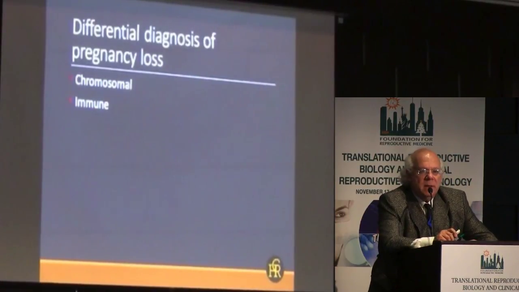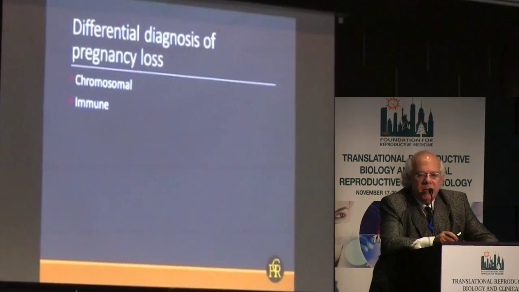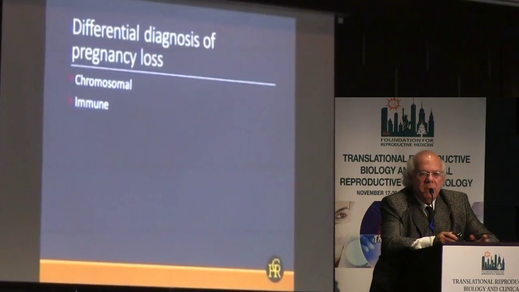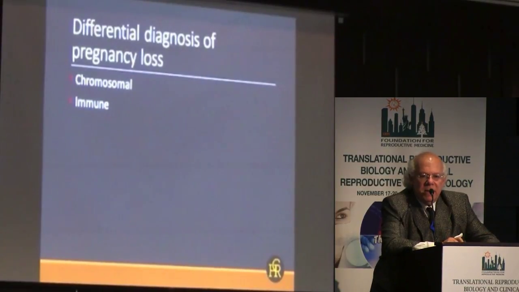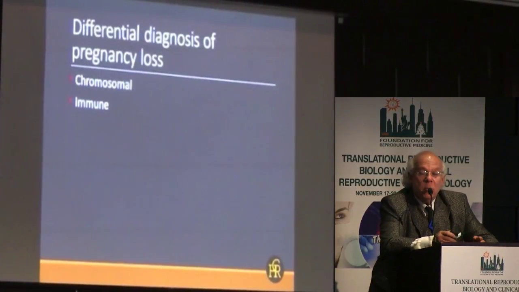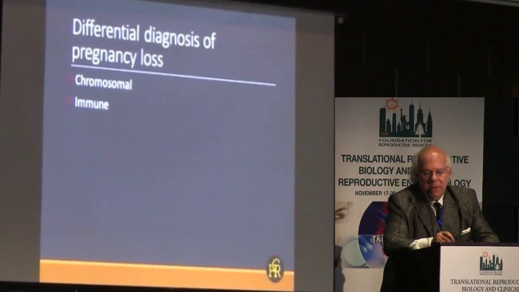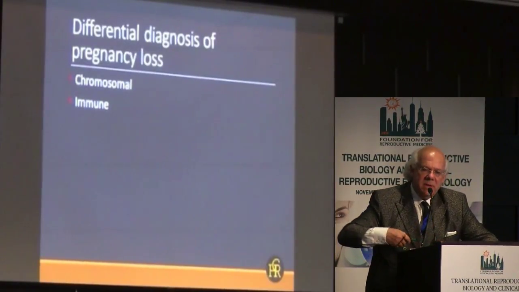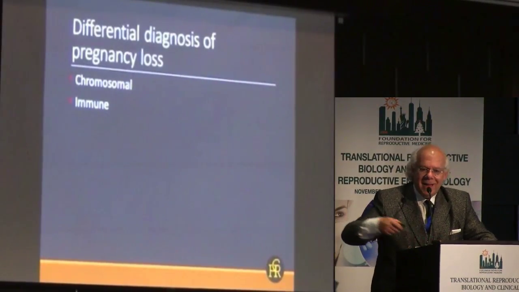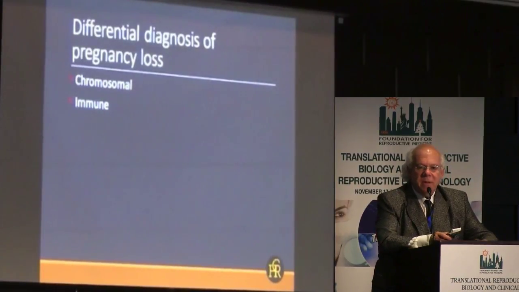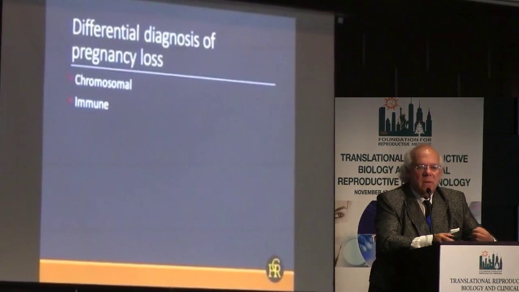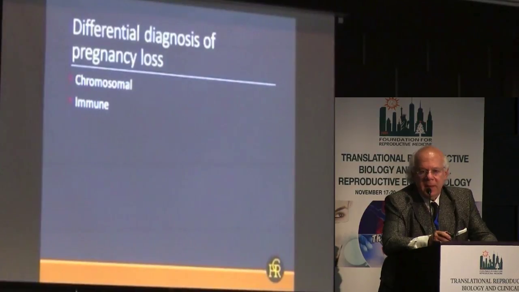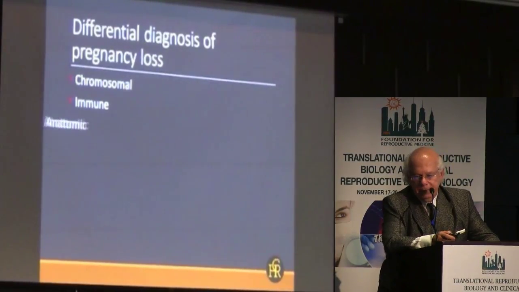So at our center, when we are getting our basic history from the patient and she tells us about a miscarriage or multiple miscarriages, there's always a very detailed note as to when that miscarriage happened. The more miscarriages after fetal heart, or the later her miscarriages were, the more you have to suspect an underlying immune problem.